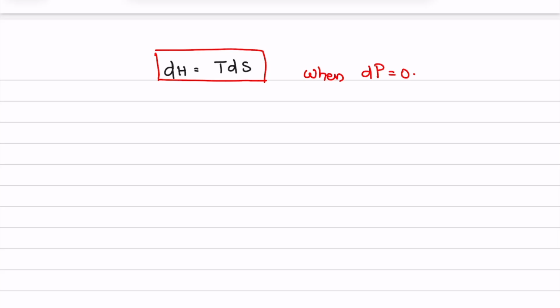For an ideal gas, everything we are doing with respect to our fundamental equation of thermodynamics, dU is equal to nCv dT, which we have done already. dH is equal to nCp dT, because we have kept pressure as constant.